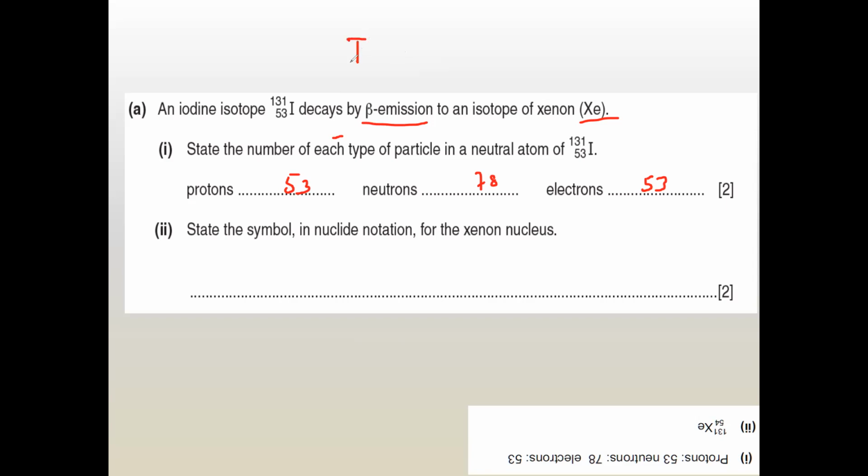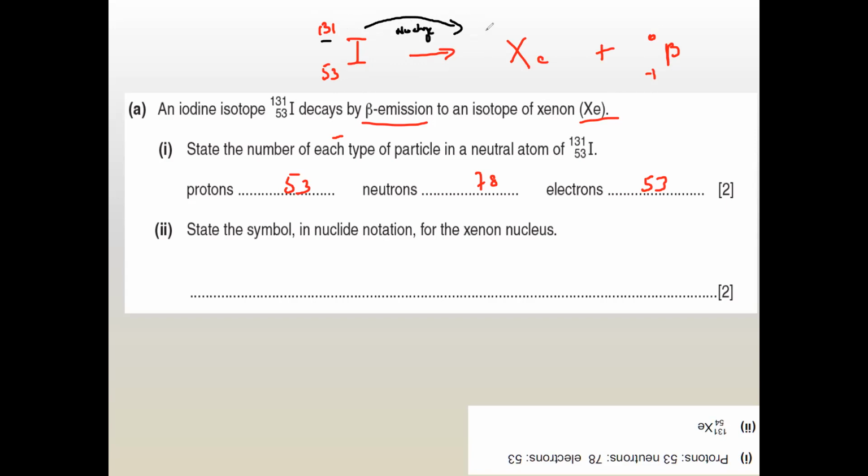So iodine is 131 and 53, and it turned into xenon by emitting out a beta particle. Whenever there is a beta emission, what happened? The nucleon number has no change.